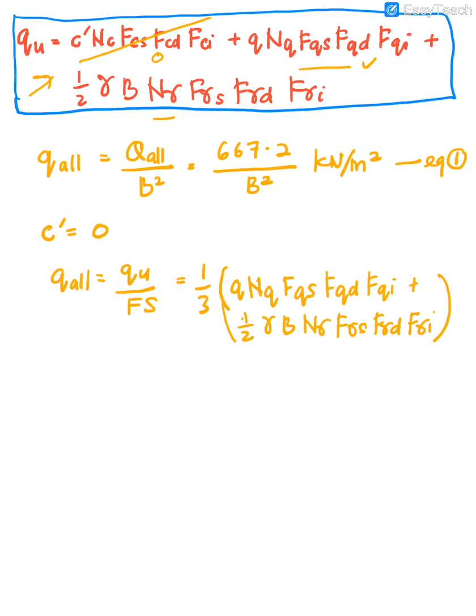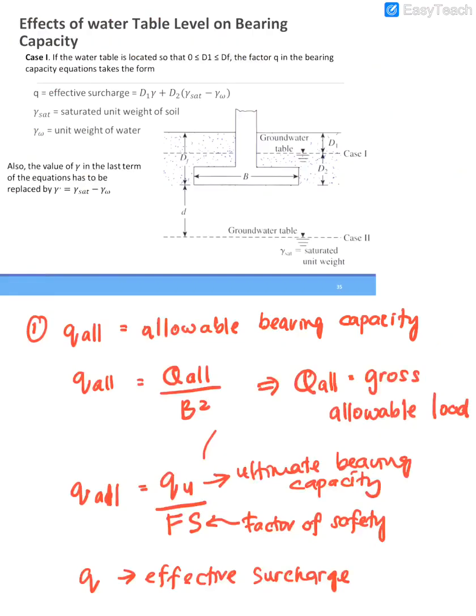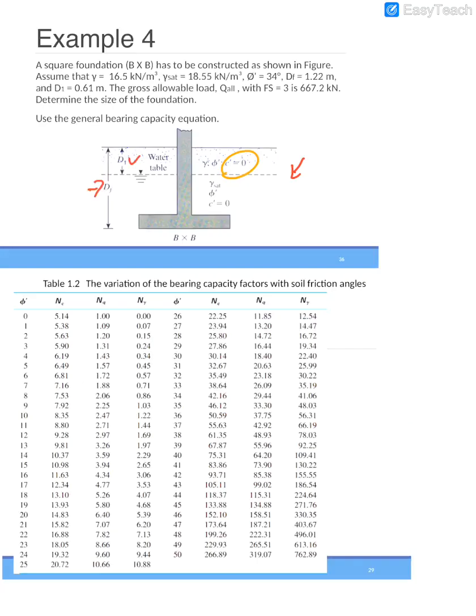Then you have to find all the parameters and get the values for all of them. First you get the bearing capacity factors.